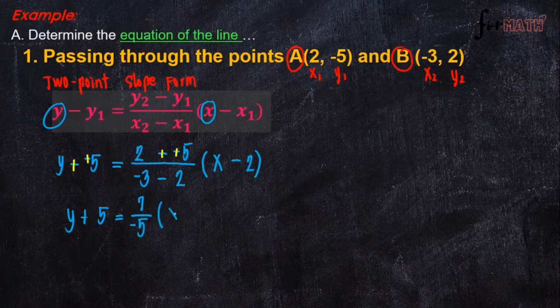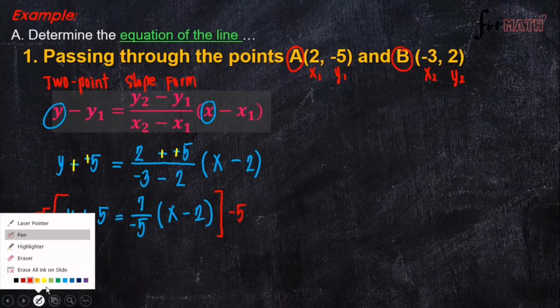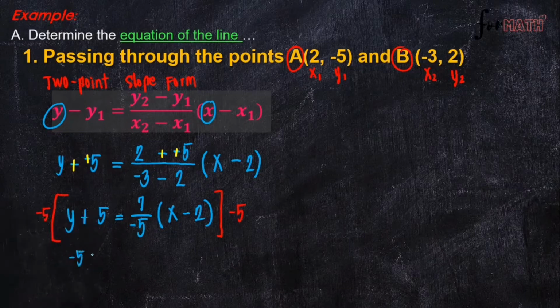And then, copy lang natin si x, and then minus 2. Okay? So, multiply natin both sides of the equation by negative 5 para ma-eliminate natin itong nasa denominator na yung negative 5. So, magkakaroon na tayo dito ng negative 5 times y plus 5 equals, so, cancel na yung negative 5 here. Magkakaroon ka na lang ng 7 times x minus 2. Okay, na-cancel out na po natin ito.